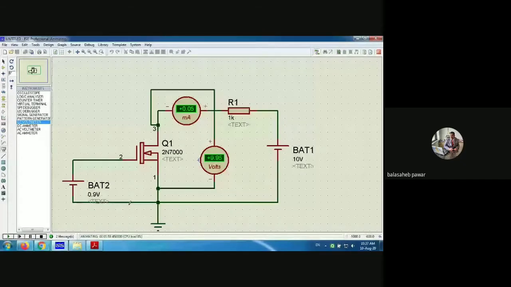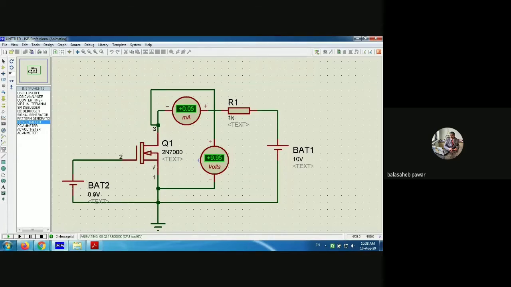Now see, this transistor gets turned on, it is conducting with a very small amount of current. Why? Because of the channel formed between drain and source due to the input voltage of 0.9 volt positive at the gate terminal, the conduction of this transistor is very small.